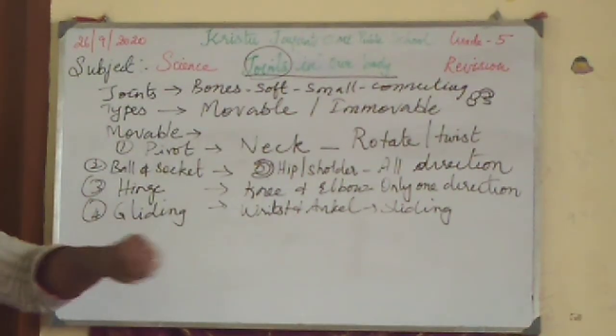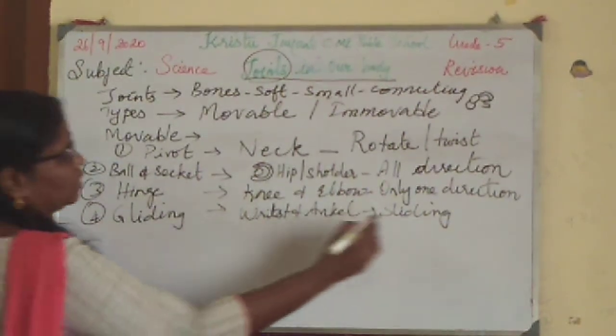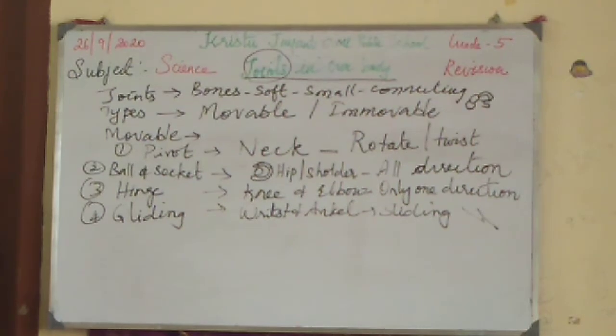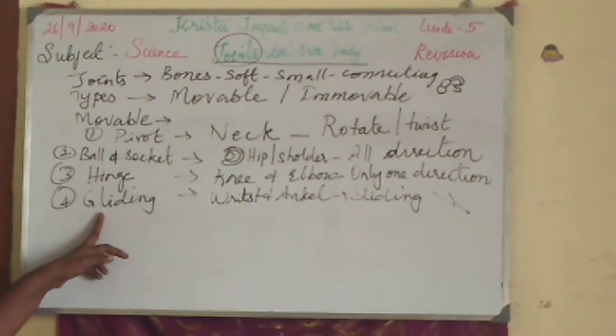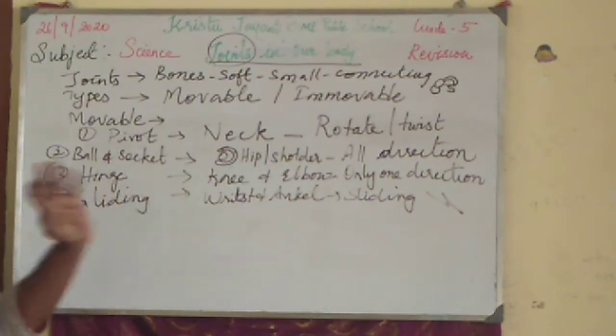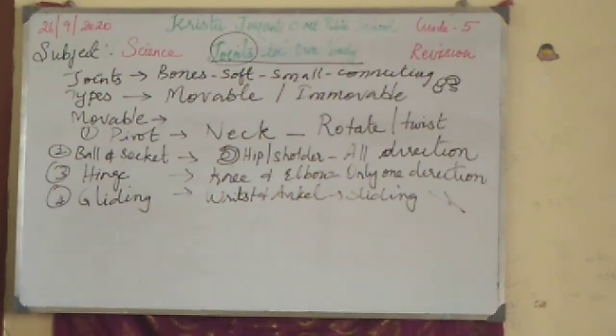So you can move this sideways, up and down, with a little slide. See, one bone is this and another bone is on top of it, so that is joined together. Because of this, we are naming it gliding, since it glides over each other and helps the sliding movement of our wrist and ankle area.